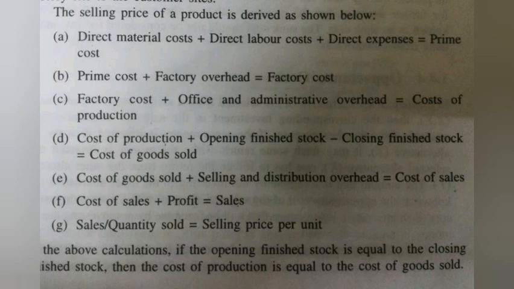Sales divided by quantity sold would be the selling price per unit. If the opening finished stock and the closing finished stock are equal, then the cost of production is equal to the cost of goods sold.